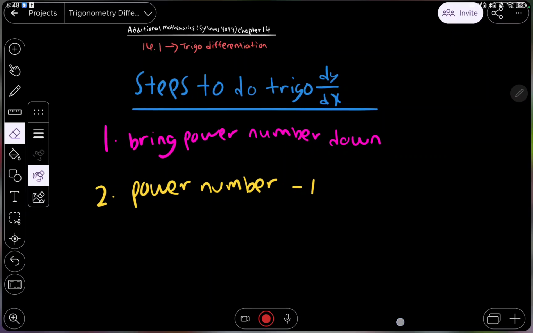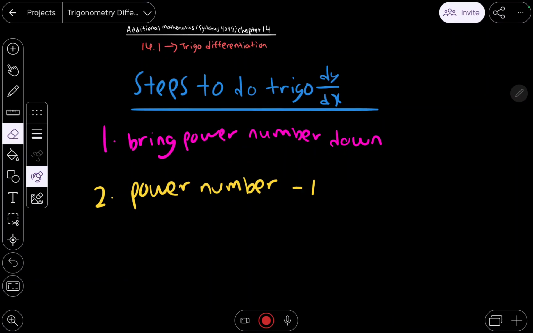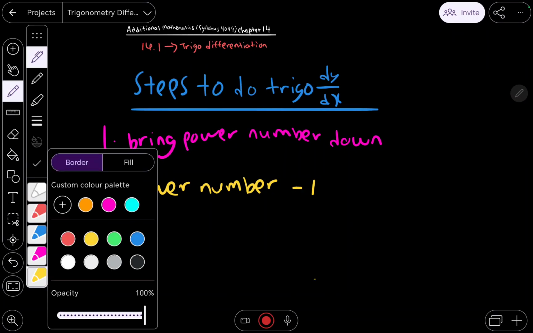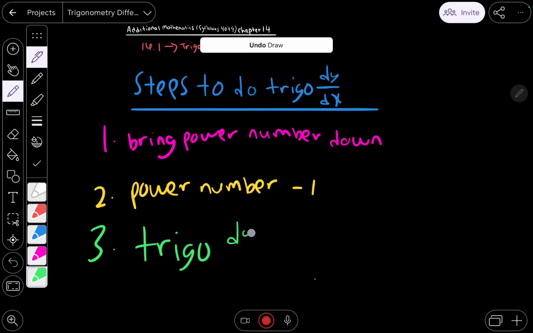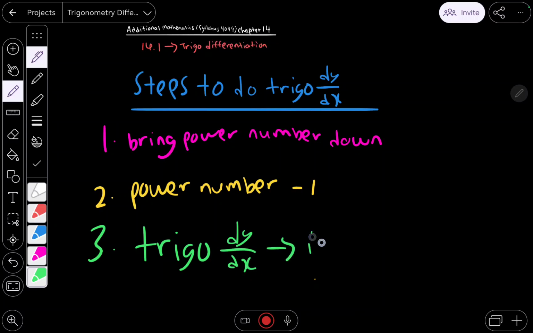Okay? And then the third one, which I'll write in green, will be trigo differentiation. And in this part, you ignore the power. Ignore power number. I'm going to make it a bit clearer.